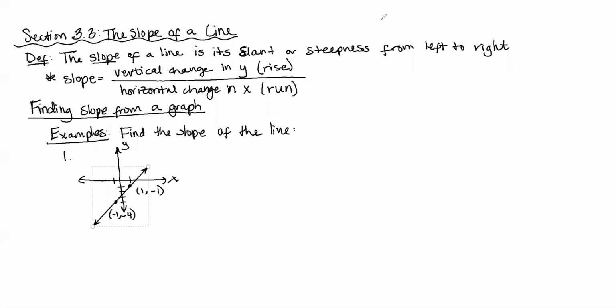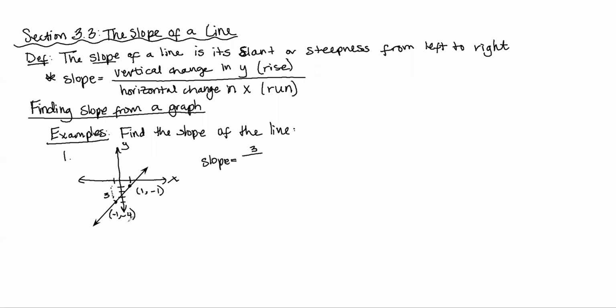Now we want to figure out what the vertical and horizontal change is. So our slope is equal to the vertical change. If I'm going up here, I want to know what that vertical change is. So we start down at -4 and we go up to -1. So we go up 1, 2, 3. And it's up, so it's positive. And remember what we did there?